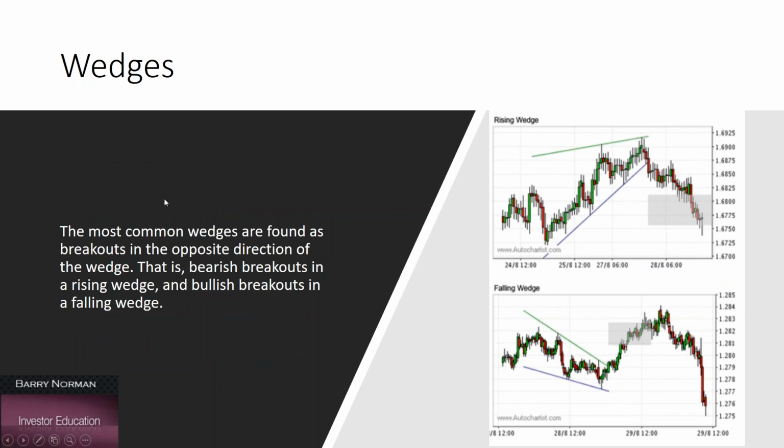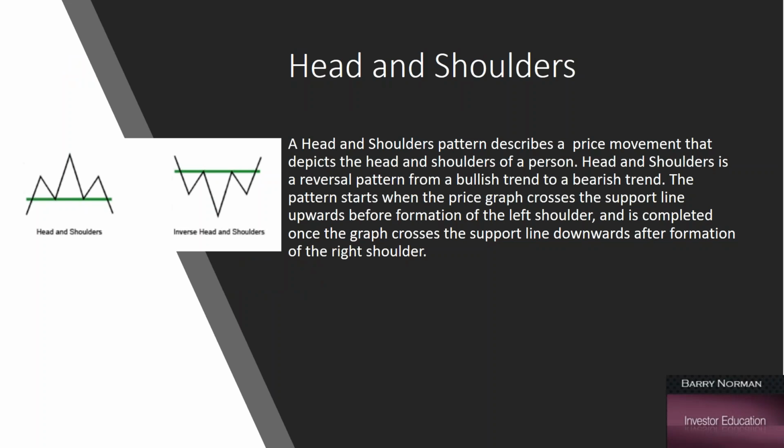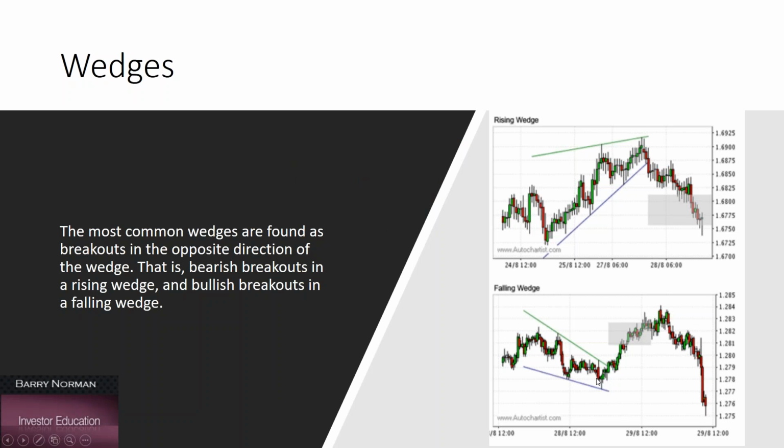So what happens between a wedge and a triangle is the market reacts differently. In a descending triangle, you're expecting the breakout to go down below, where in a wedge, you're expecting it to break out moving in the opposite direction.